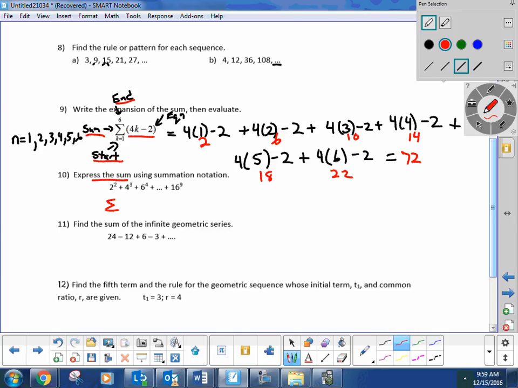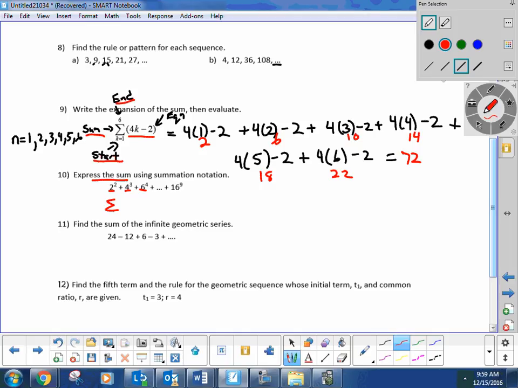So let's discover, first of all, what the equation is. Now, if I look at this, this one actually has a couple of mechanics in it. First of all, I'm going from 2 to 4 to 6, so it's actually just 2 times n.